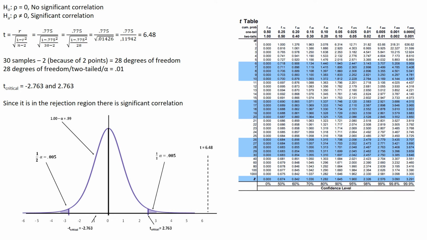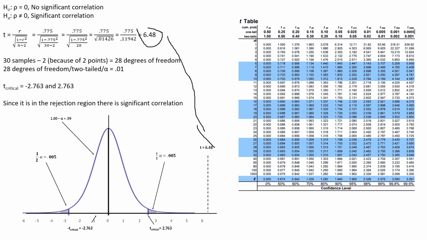This is with a subtract 2, which is 28. 1 minus 0.775 squared over 28 is 0.01426. The square root of that is 0.11942. So 0.775 over 0.11942 is 6.48, which is way out here.